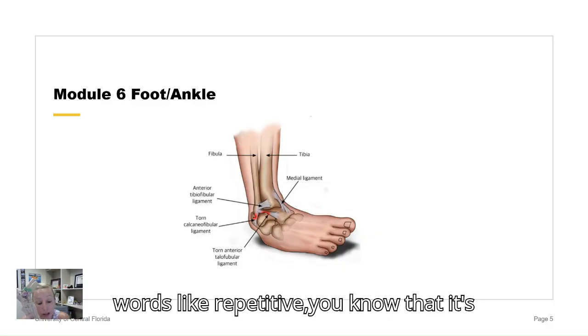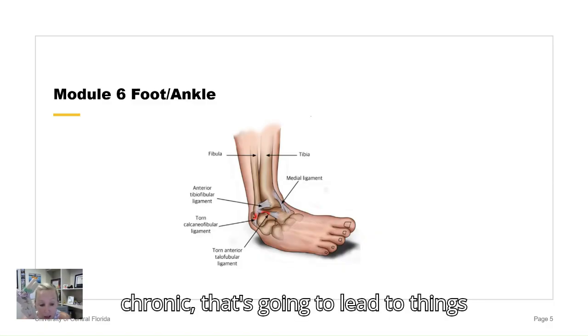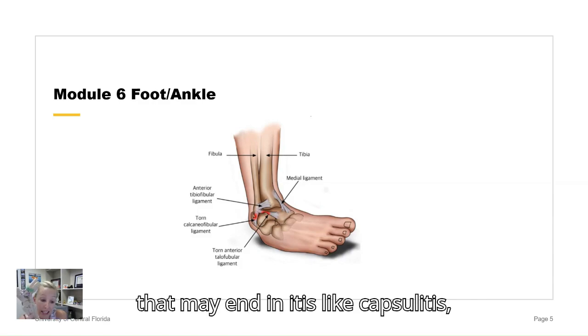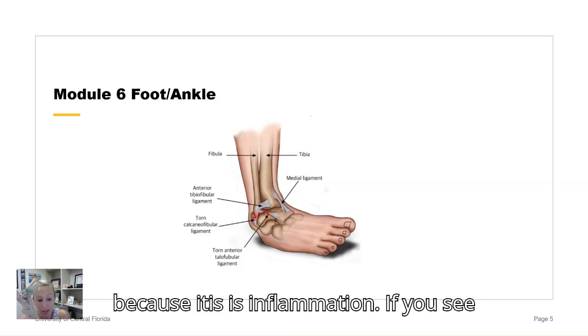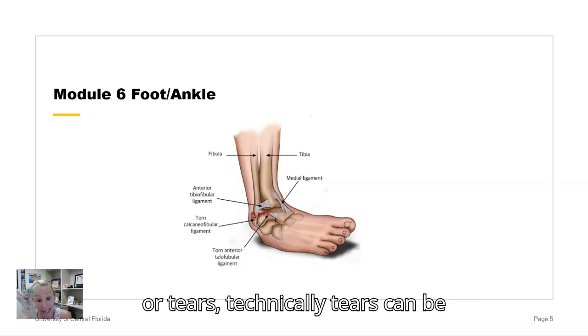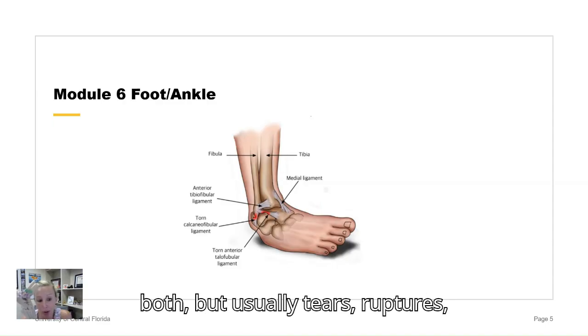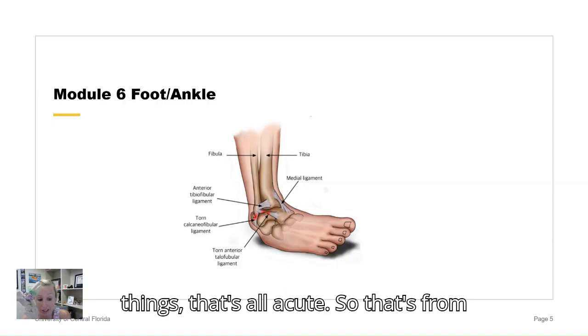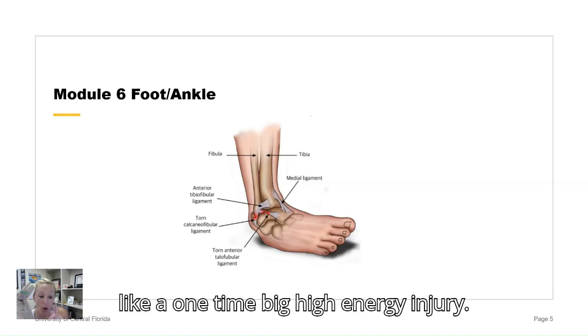So if you see words like repetitive, you know that it's chronic. That's going to lead to things that may end in itis, like capsulitis, because itis is inflammation. If you see things like fractures or ruptures or tears, technically tears can be both, but usually tears and ruptures are acute. So that's from a one-time big high energy injury.